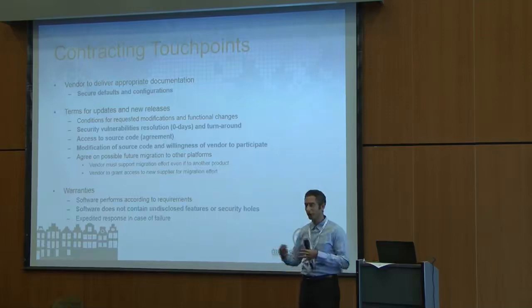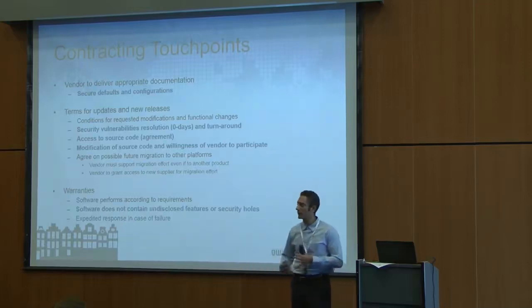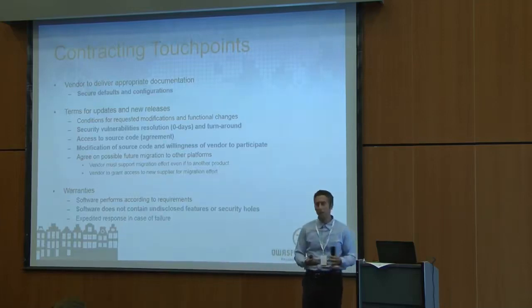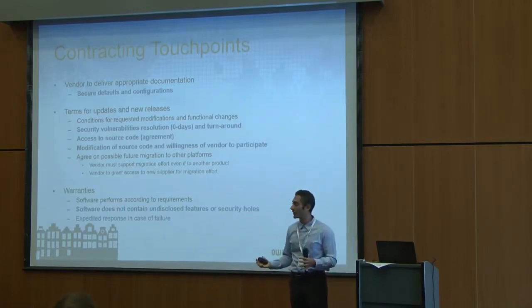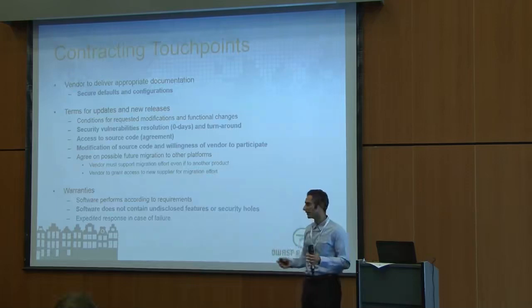Once the system is running, you want to be able to operate it and keep it secure as it's running. So you want terms guaranteeing that this will happen. You want them to fix 0 days and things that suddenly appear in the field. When you're running it and something breaks, you want to make sure that they have your back.